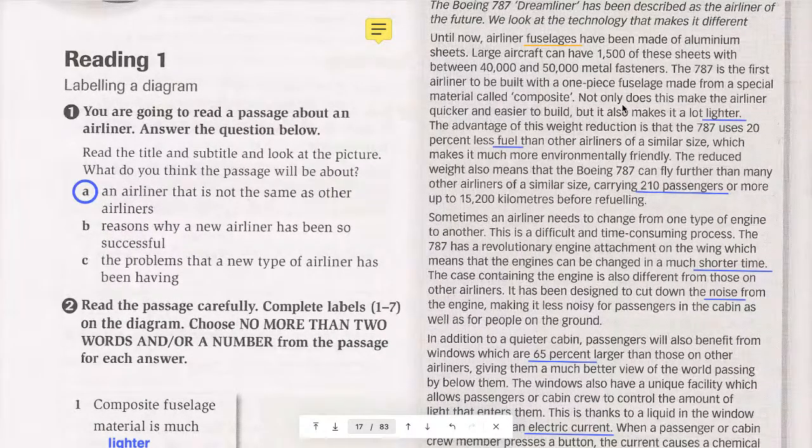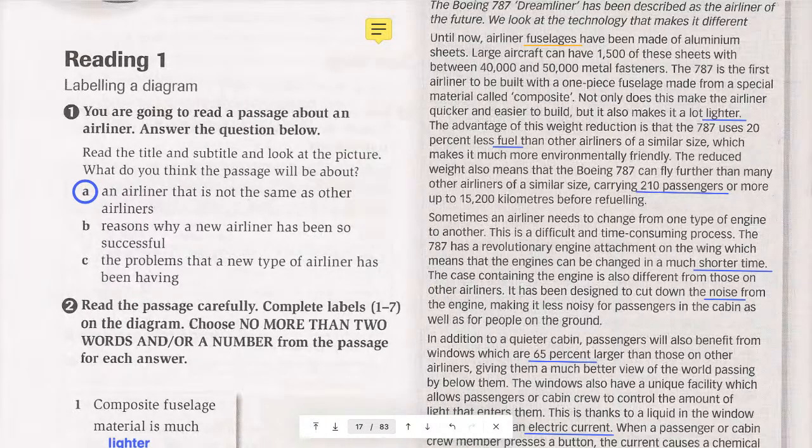Not only does this make the airliner quicker and easier to build, but it also makes it made from a special material called composite. So at least you know composite is a special material. And what composite does, it makes the airliner quicker and easier to build, and also it makes it a lot lighter. So that's the function of composite.